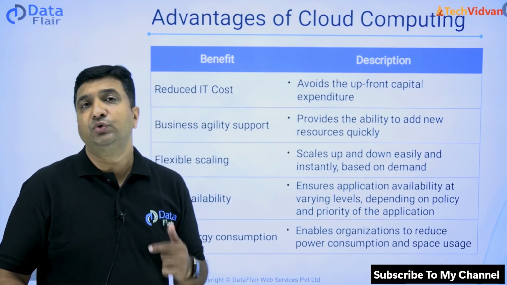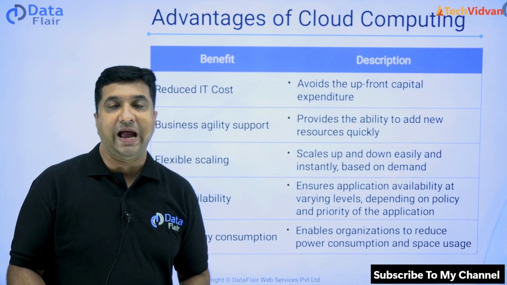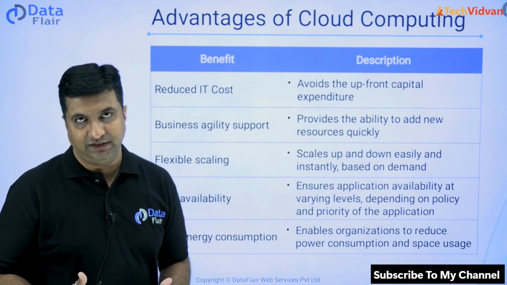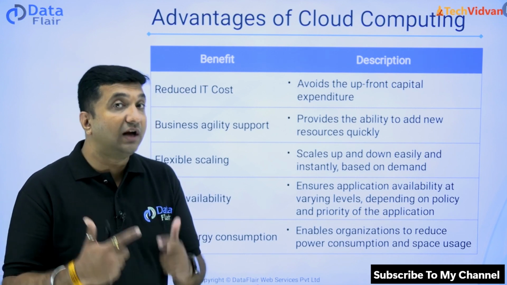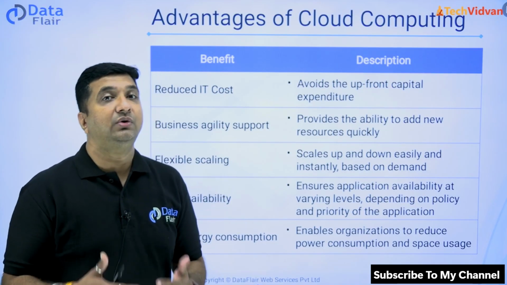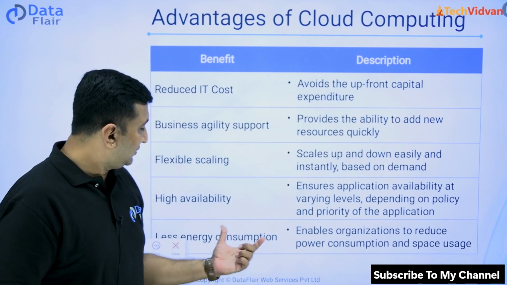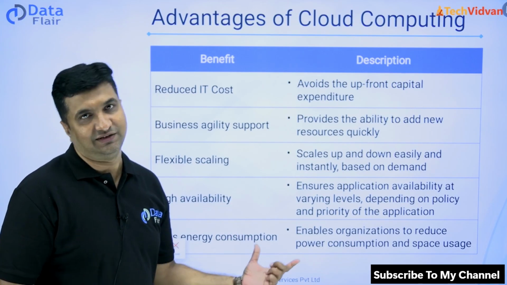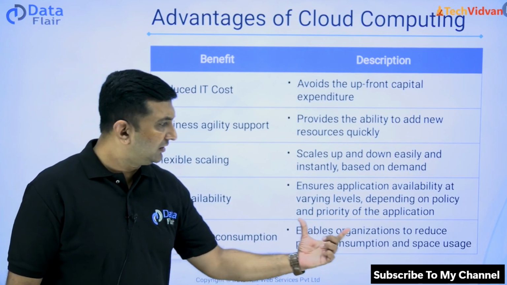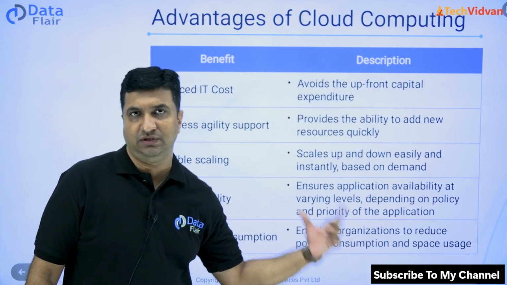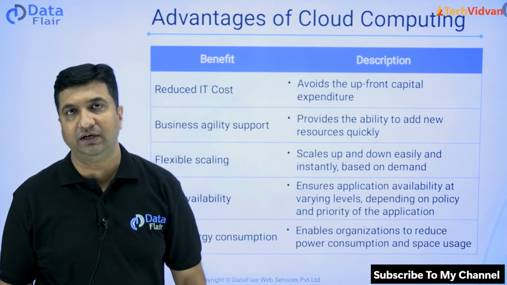When you are not handling your own data center, you are relying on the cloud service provider to host your application, host your data. It's all less energy that you are consuming, because you are relying on the CSP. You are not doing everything on your own.